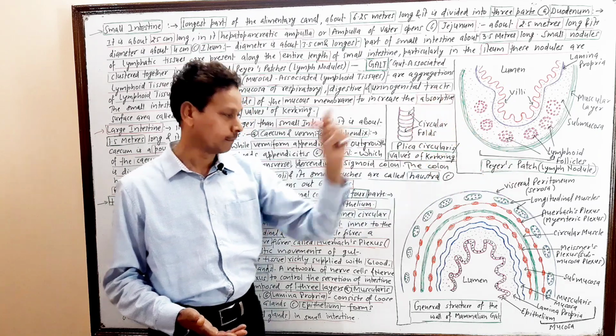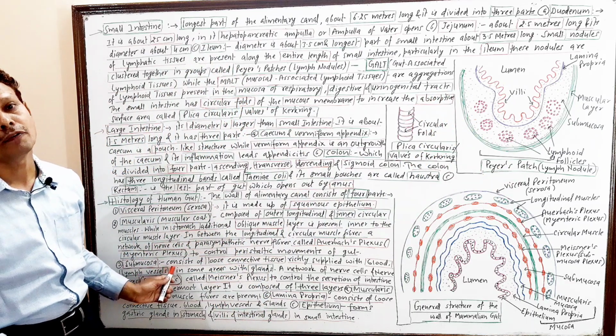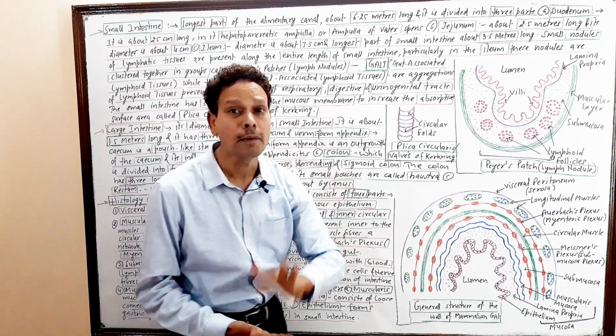peristaltic movements. The third part of the gut wall is submucosa.